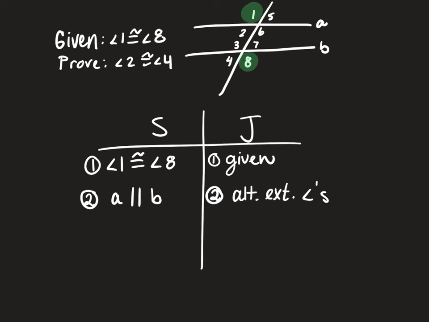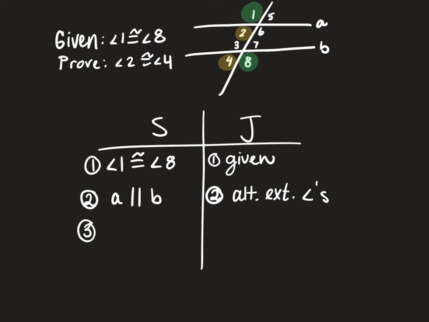Now we're trying to prove that angle 2 is congruent to angle 4. What kind of angles are 2 and 4? Is it alternate something? Consecutive interior? Corresponding. Right?